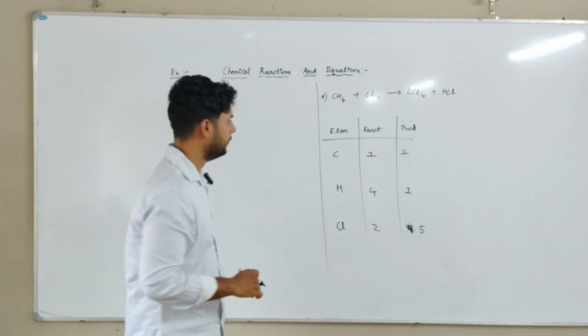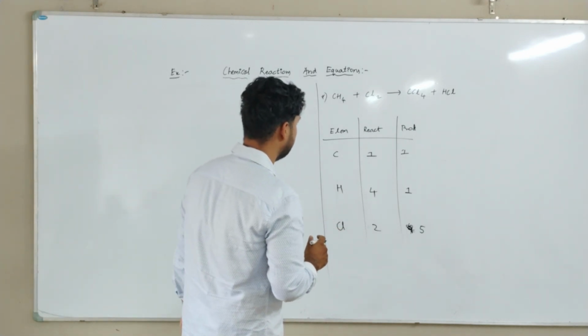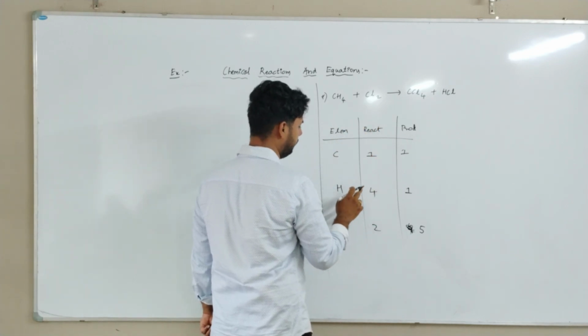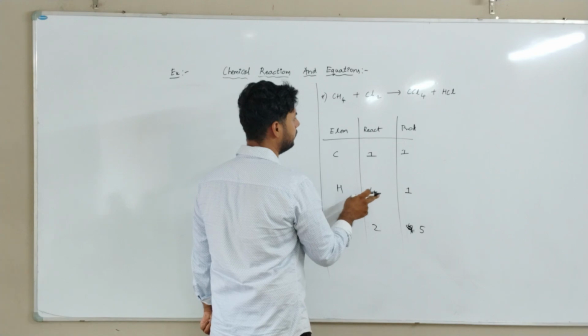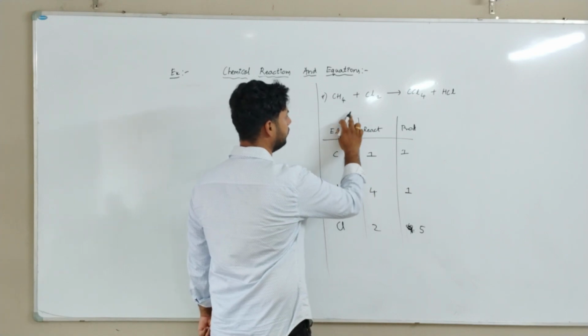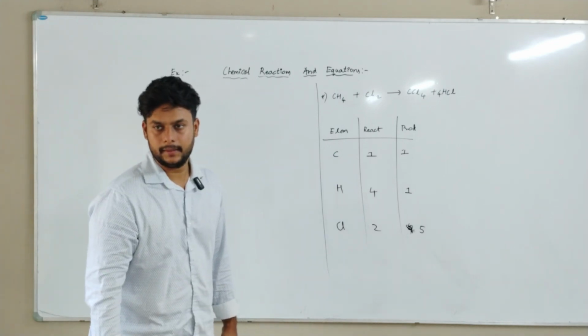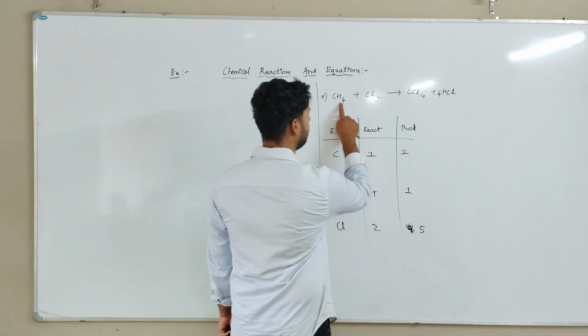Initially this will come. Next, now this is Cl2, there is Cl5, H4 is there here. I can make this as 4HL. Okay, so here H4 was there, here only one was there.